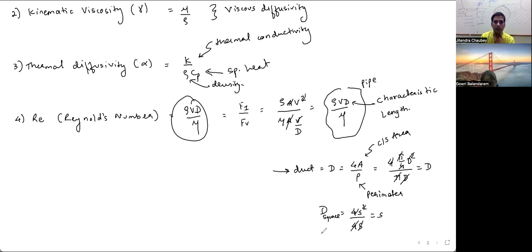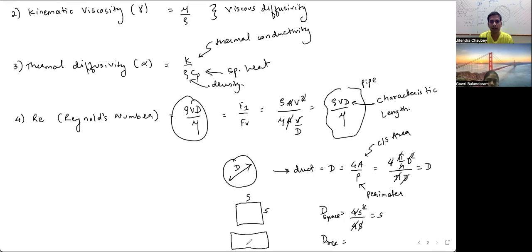Had it been rectangle, suppose it has got side A, B. Okay, let me say this was pipe of diameter D. This was square duct of side S. And if it is a rectangle of side A and B, it would look like 4 times the area of rectangle, AB.